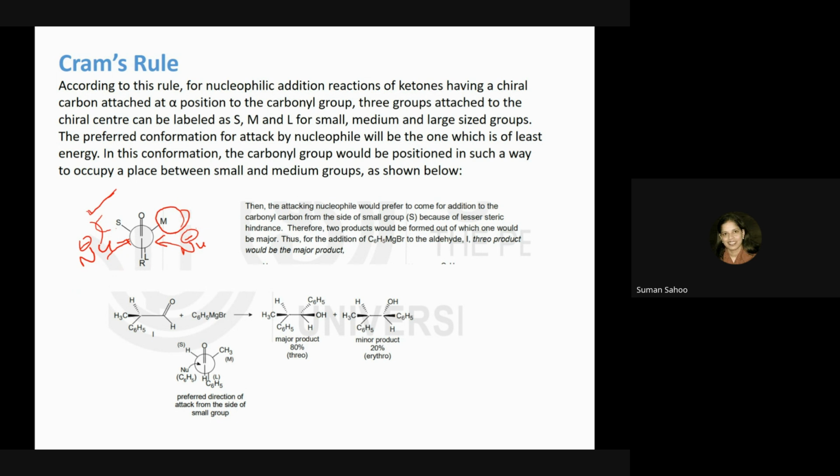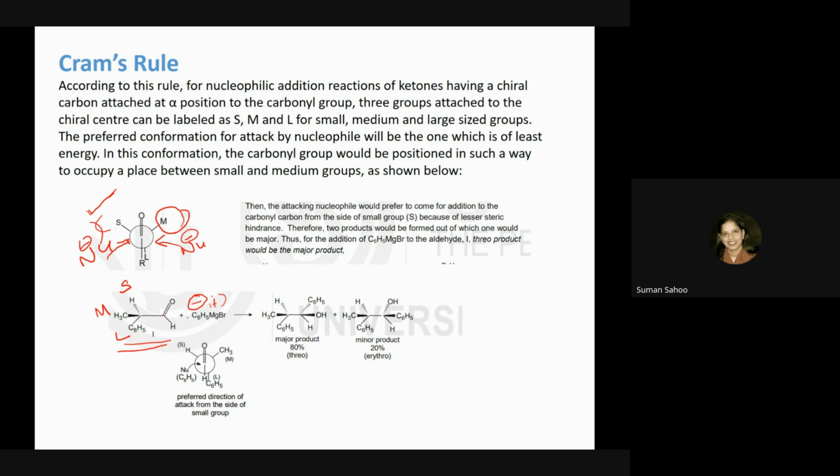So the major product would be a result of nucleophilic attack from the side where the small group is present. For example, in this molecule, C6H5 is the large group, CH3 is the medium group and this is the small group. We are talking about the first carbon, the alpha carbon to the carbonyl group. Our nucleophile in this case is C6H5MgBr. This is a Grignard reagent, so as we know this would be negative and Mg would be positive.